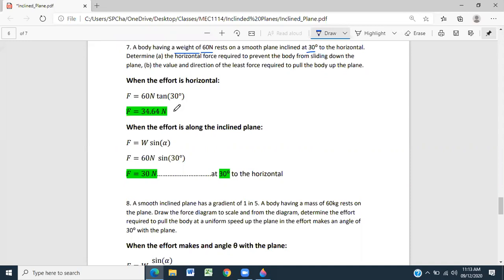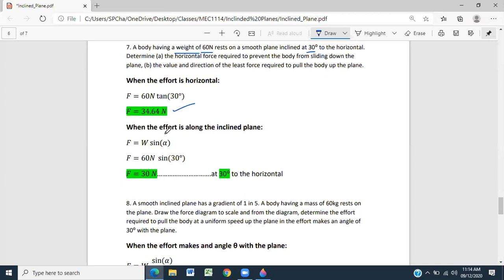Plug that in our calculators, and it should give us 34.64 newtons. Yep, 34.64 newtons. Good. Now, next, we need to find the value and direction of the least force required to pull the body up the plane.